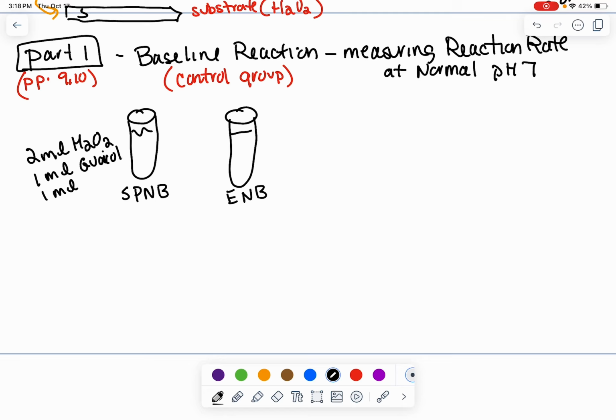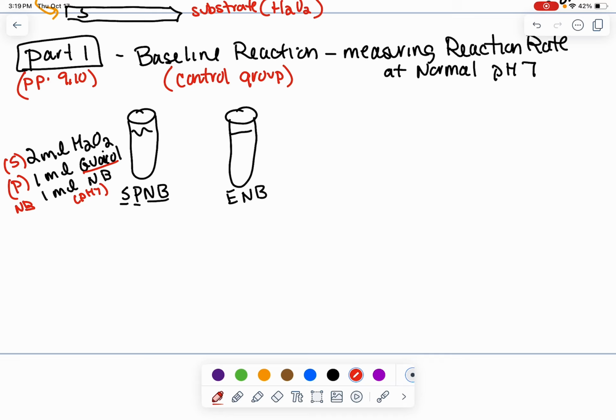And 1 milliliter of neutral buffer. That's why they call it the SPNB tube, because S is your substrate. P is really guaiacol, the indicator for the product. And NB is your pH 7 buffer.